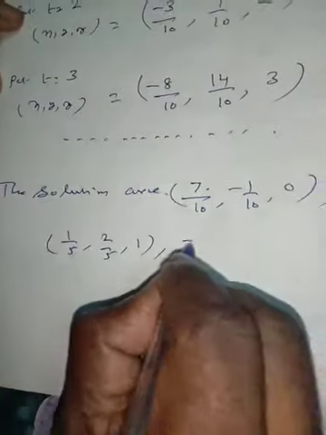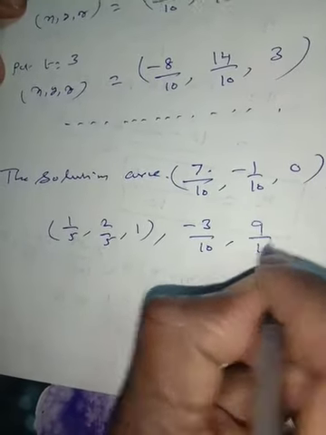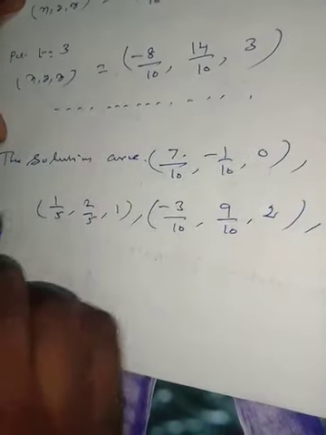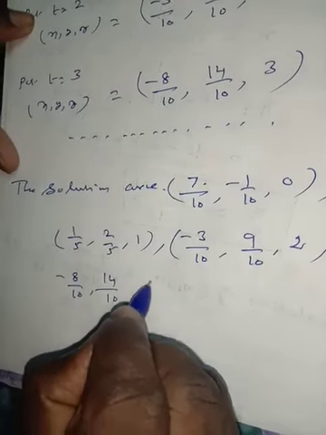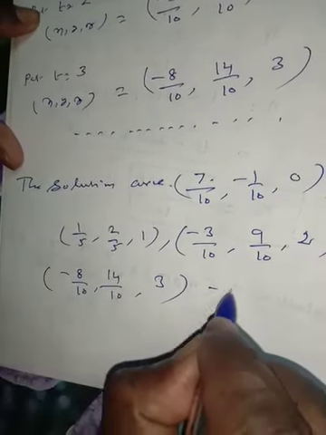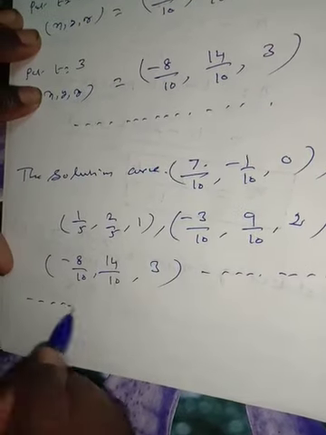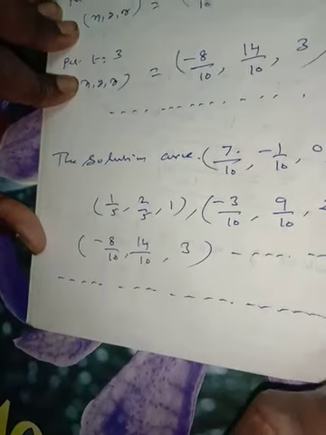Next, minus 3 by 10, 9 by 10, 2. Comma, minus 8 by 10, 14 by 10, 3, and so on. Infinitely many solutions. Okay, we have to take the next problem.